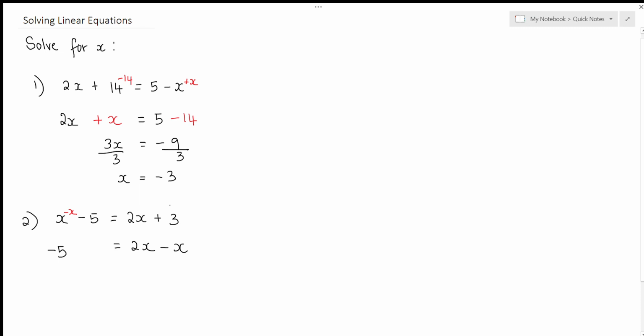On the right hand side, I have positive 3. To get rid of positive 3, I'm going to minus 3 on the right hand side, and if I minus 3 on the right hand side, I therefore need to minus 3 on the left hand side. So here I have 2x minus x, which would give me x equal to negative 8.